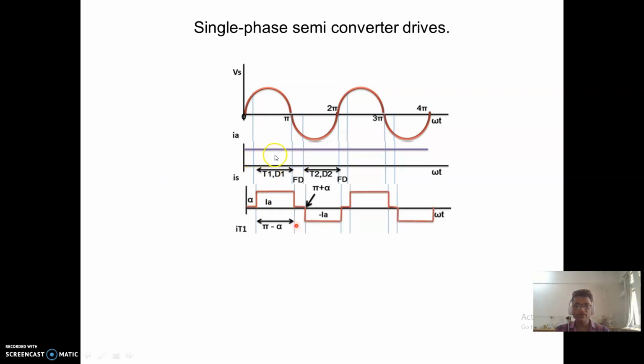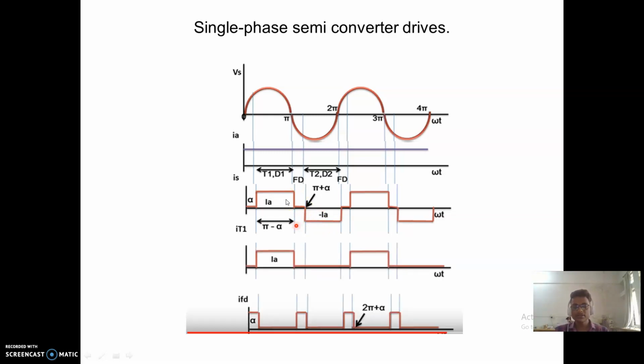The circuit current is continuous, but the source current is discontinuous, because only when the switch is on do we get high current, and this happens when T1 and D1 are on. When T2 and D2 are on, at that time we get negative current, which helps to operate in both positive and negative half cycles.